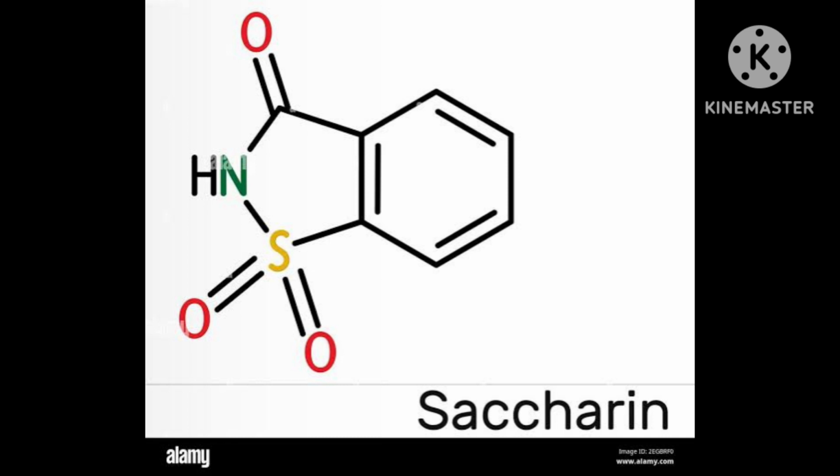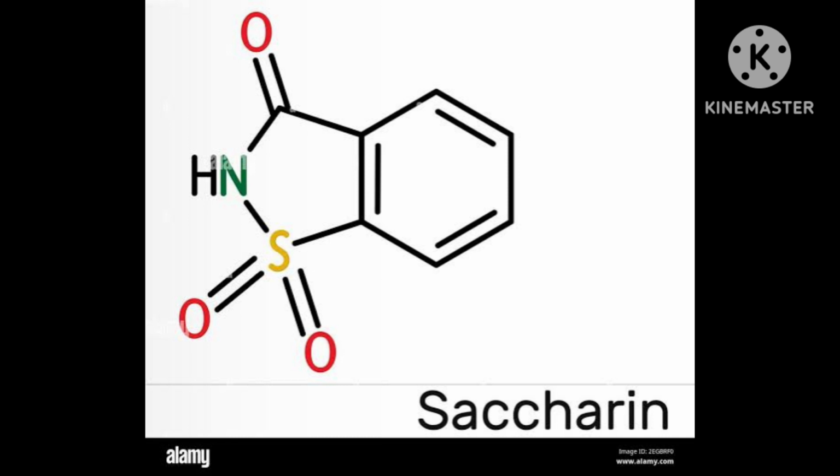Generally food will stale, so to preserve the food, anti-staling agents are used. And next, the fifth one is the antioxidant. And the sixth one is the preservative. These additives are known as preservatives.